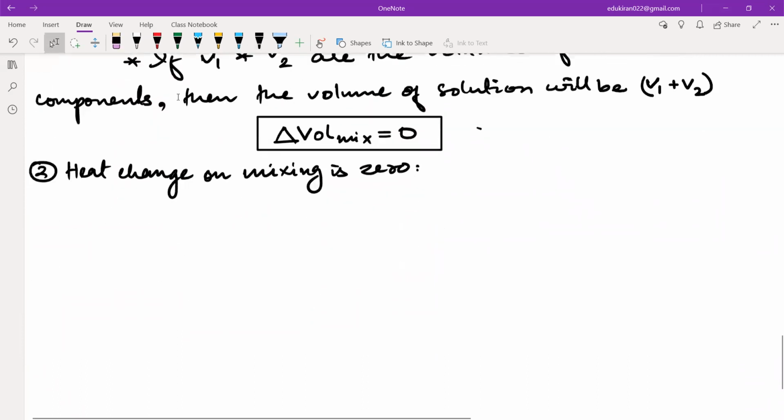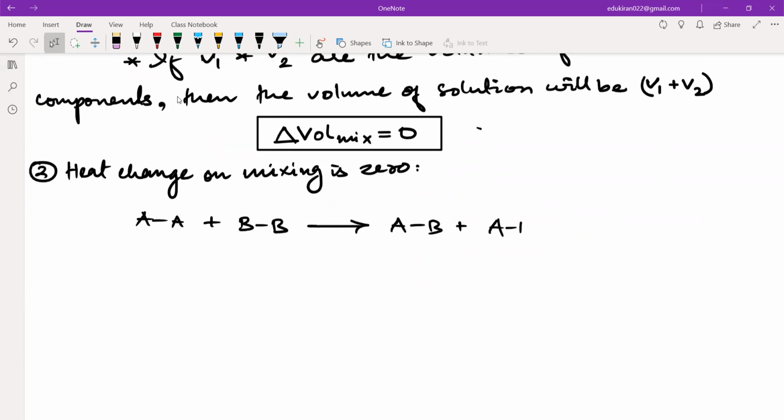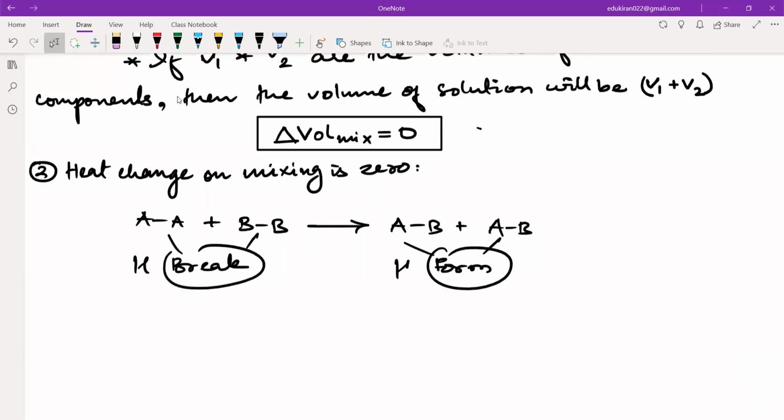In order to understand that, you can write, see, AA plus BB will give me AB plus AB, and I want to break these, and I want to form these, right? So breaking will require energy, forming will release energy.